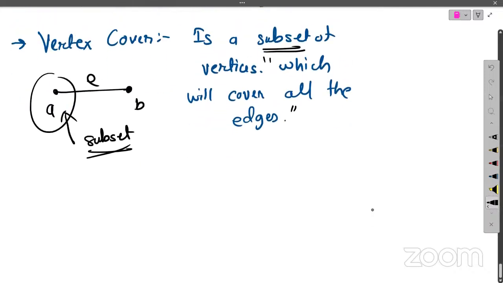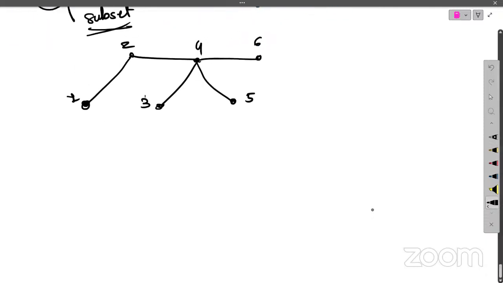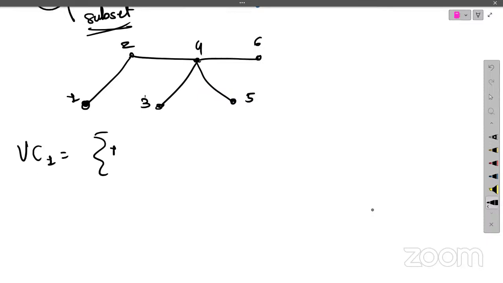Suppose I have a graph like this, with vertices 1, 2, 3, 4, 5, 6. What will be a feasible vertex cover here? A vertex cover is a subset of vertices. Suppose I take one vertex cover, VC1, with the vertices 1, 2, 3, 4, 5, and 6.